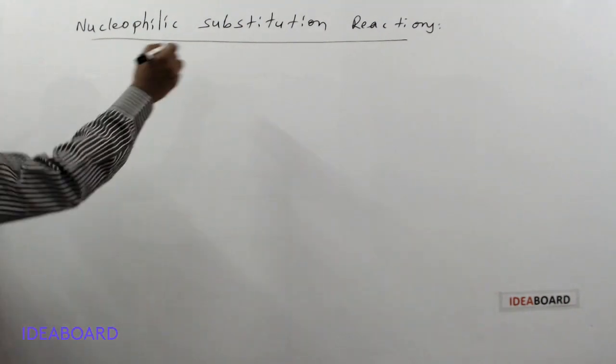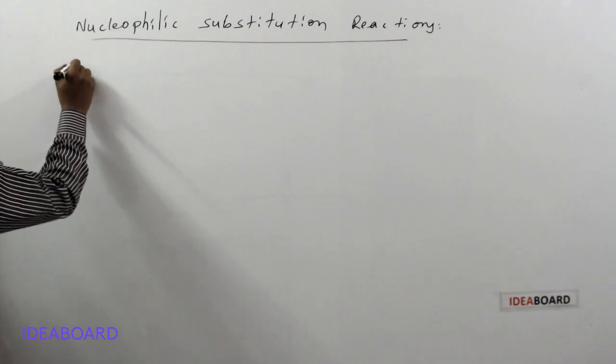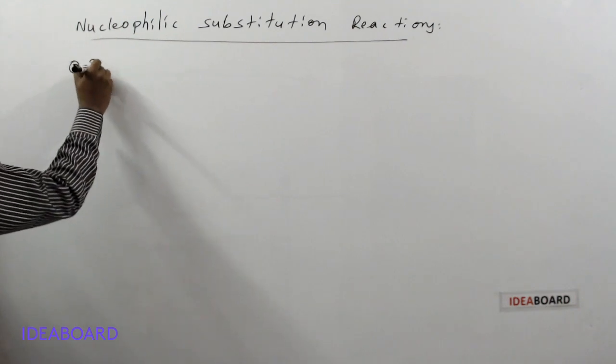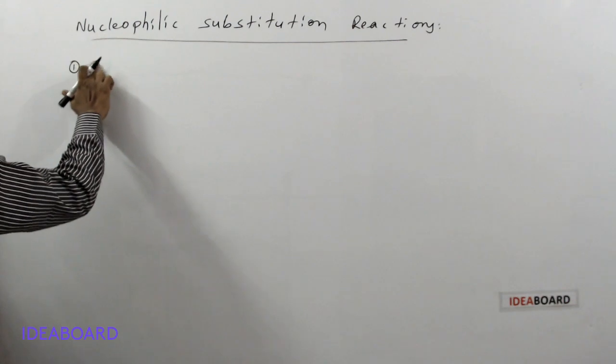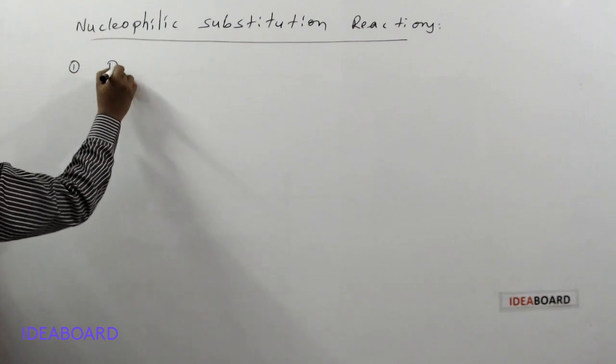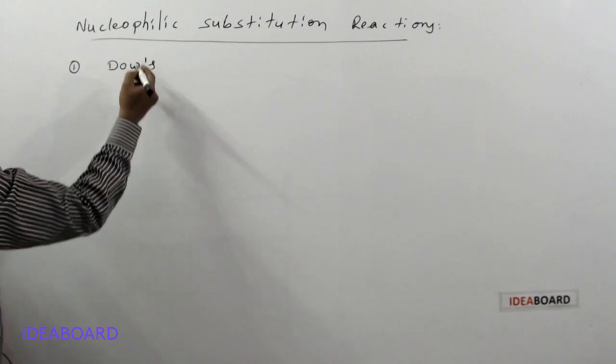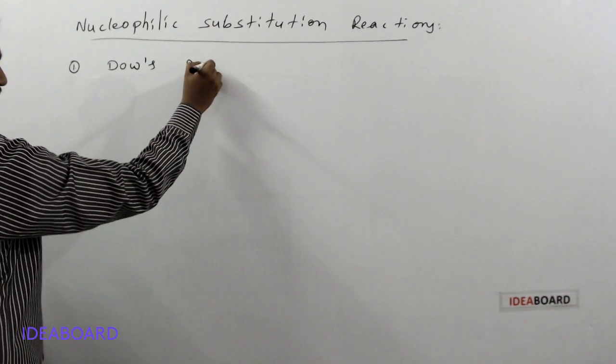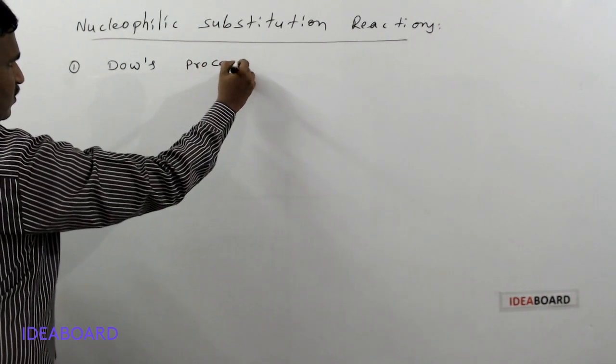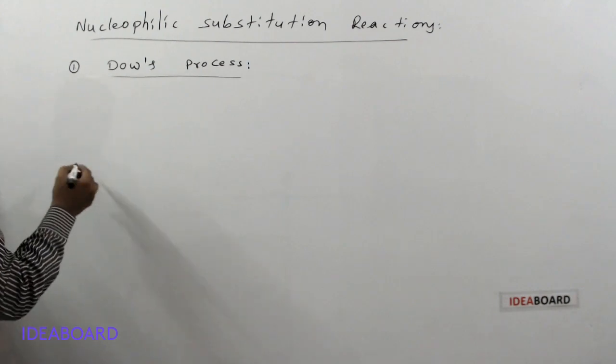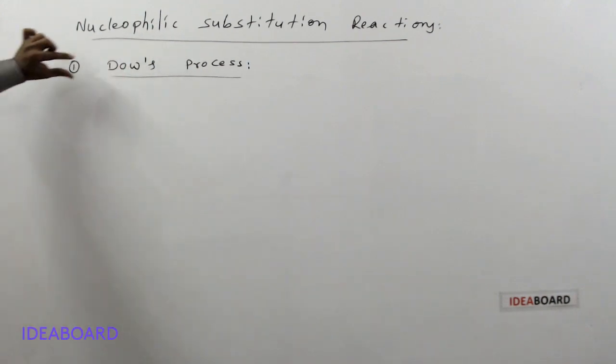Some examples of nucleophilic substitution reactions: we can call it the Dow process. Please remember it is a named reaction, the Dow process or Dow method, an example of a nucleophilic substitution reaction.